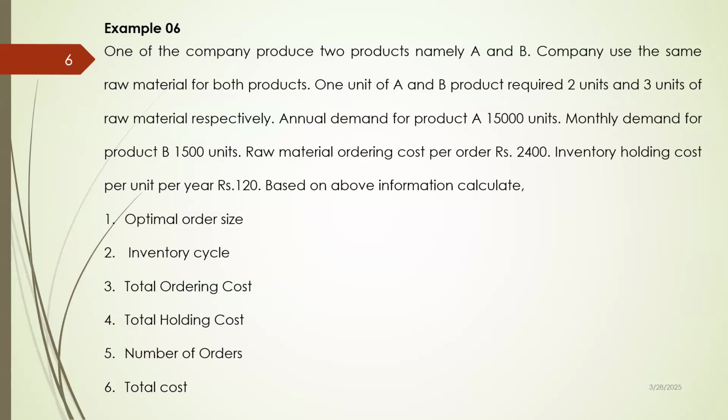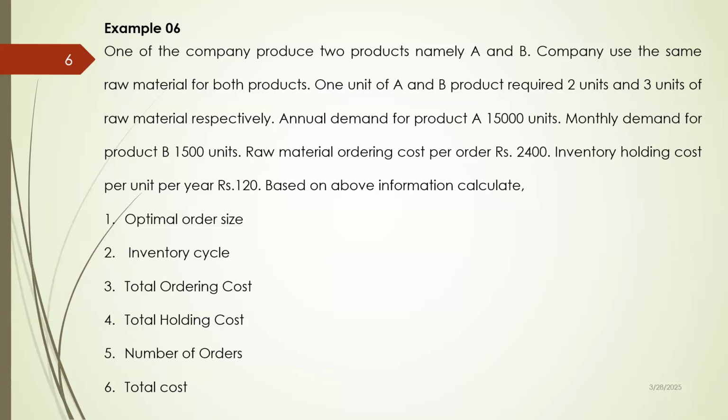Because the question said the company produces two products, namely A and B, and uses the same raw material for both products. We are going to calculate the economic order quantity for the raw material. Then we should identify how much raw material is required for the whole period. That's the problem here.